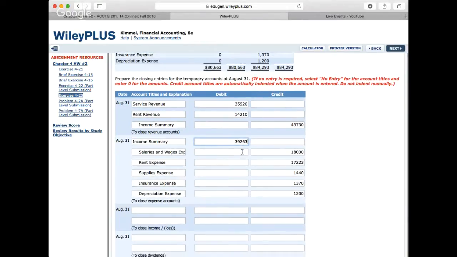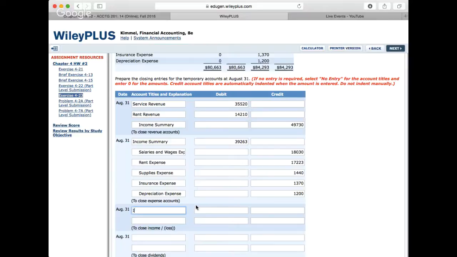Now, taking from the total of revenue accounts and the total from the expense accounts, we're going to figure out the net income or loss and close these accounts, which we're basically doing by subtracting our expenses from our revenues, which is just how we find the net income.